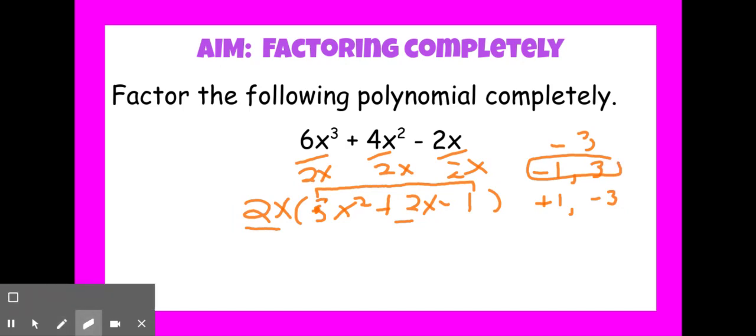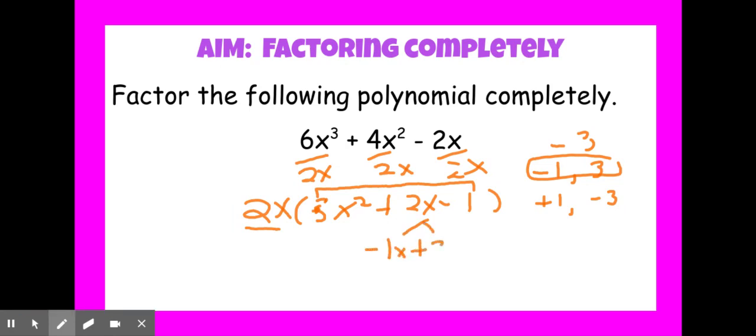So right now I'm going to separate that 2x to -1x and +3x. I'm going to bring down my -1 like we did in the past, and I'm going to bring down the 3x squared. So our goal is to factor what's inside here. And the 2x is just going to keep on coming down with us.